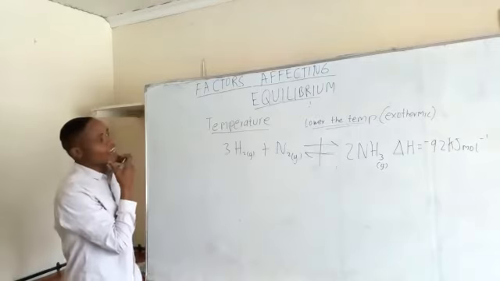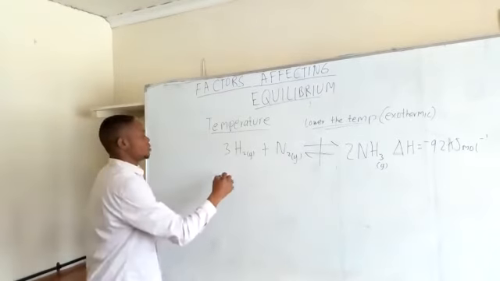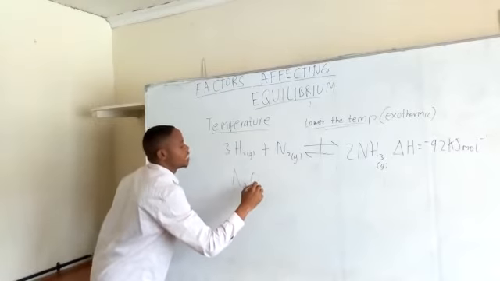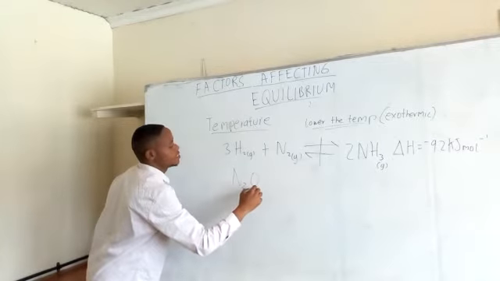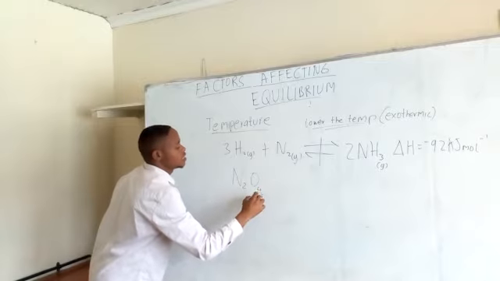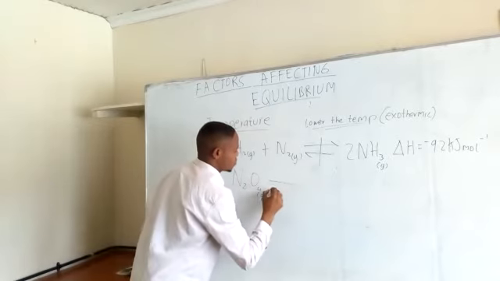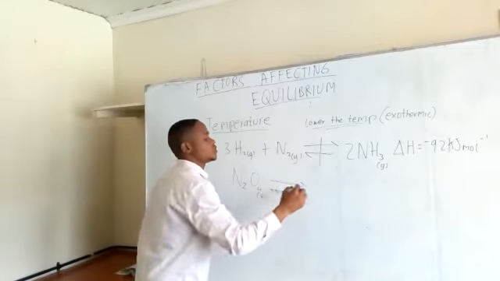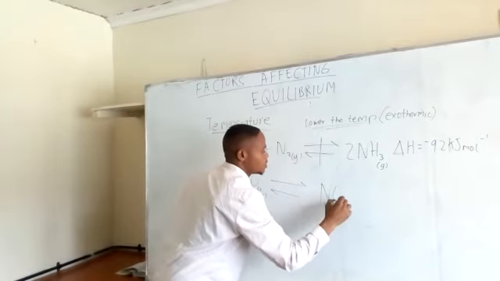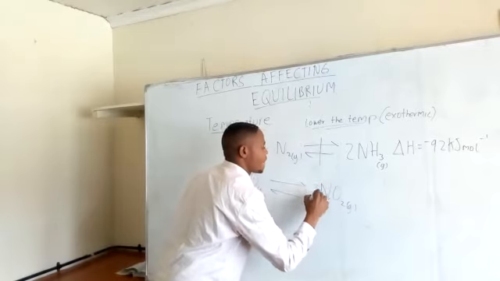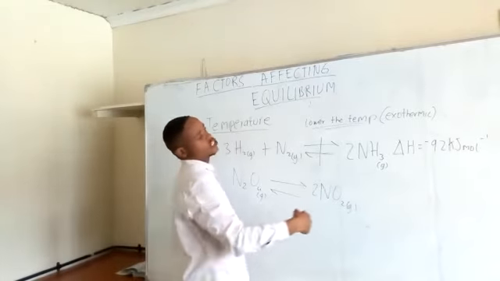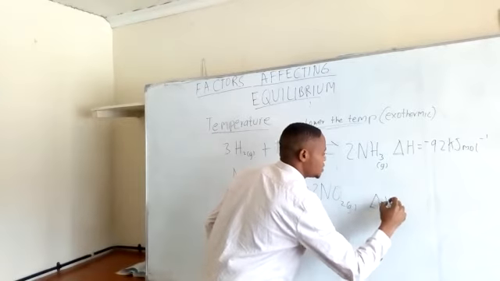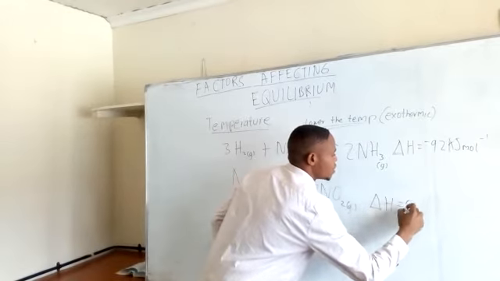Consider another equation here. I want us to consider dinitrogen tetroxide, N2O4, which is a gas. It normally decomposes to give us nitrogen dioxide, and this reaction is endothermic. That's why the enthalpy change is positive.